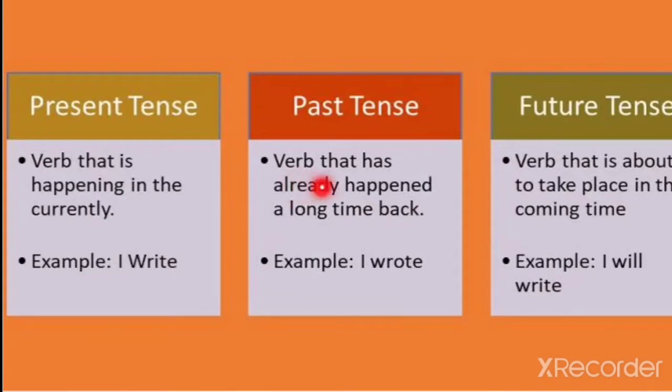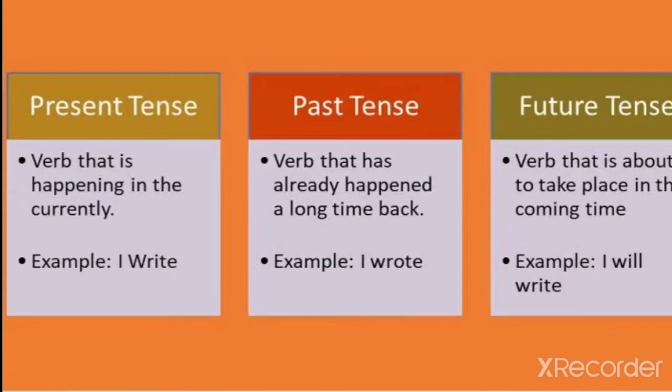Past tense, a verb that has already happened a long time back. I wrote. And future tense, what you will do later. Or you can say the action which takes place in the coming time, in the future time. I will write.